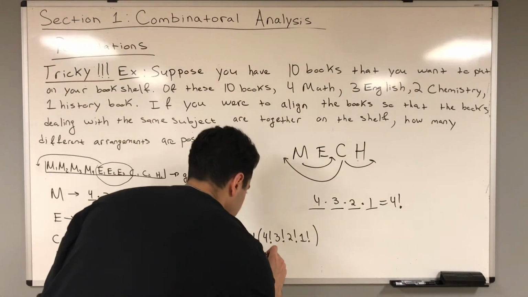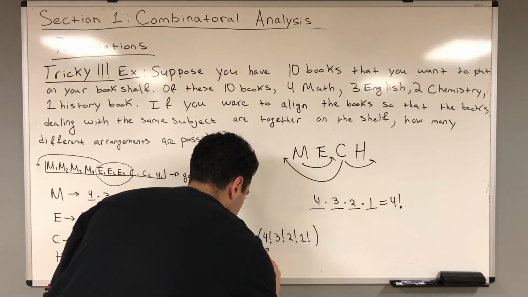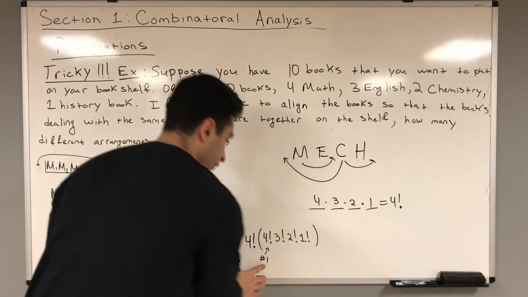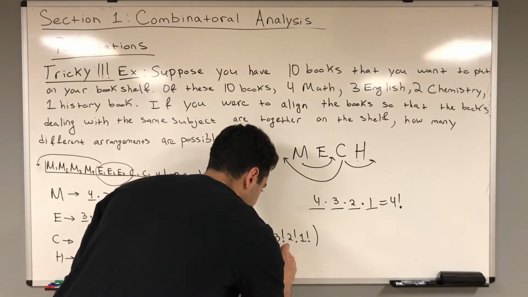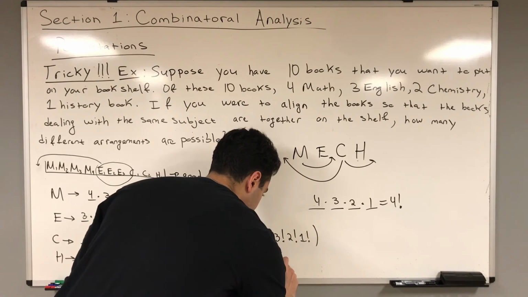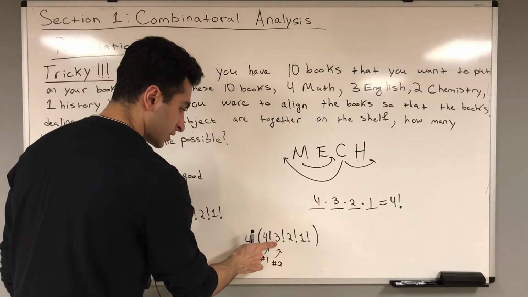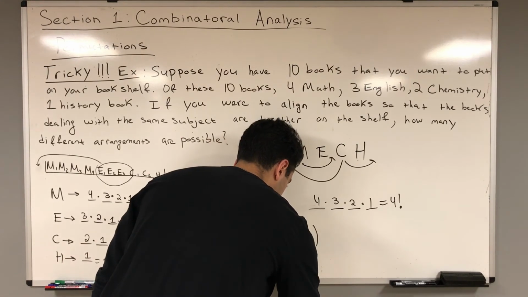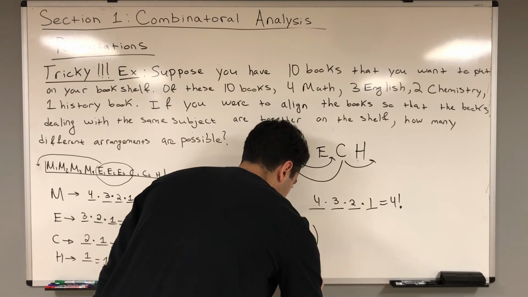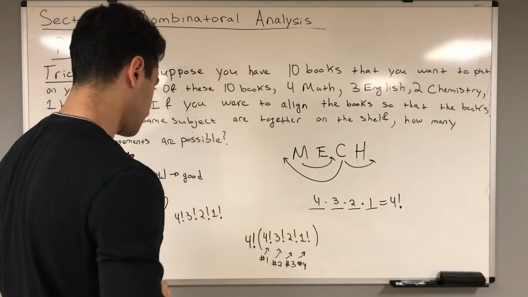So, this was experiment number 1, rearranging the math books within themselves. This is experiment 2, which is rearranging the English books within themselves. And this is experiment 3, which was rearranging the chemistry books within themselves. And this was experiment 4, where you just have the 1 history book.